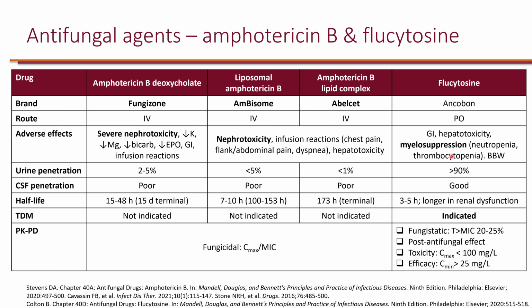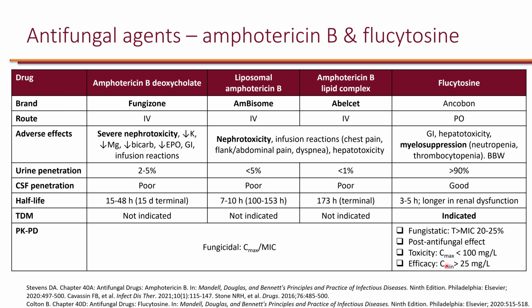So renal function must be monitored closely because typically this is given 4 times a day, but as renal function deteriorates, the dose needs to be adjusted. Because of the serious adverse effects of myelosuppression, therapeutic drug monitoring is indicated.